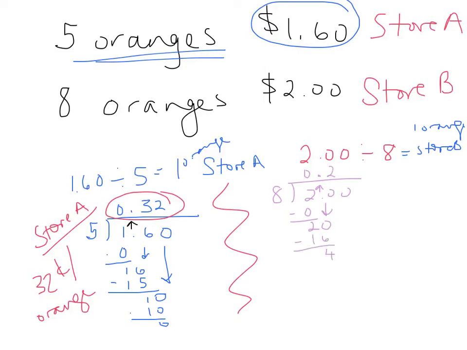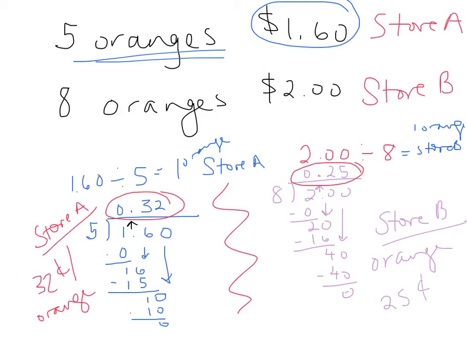I get a 4. I bring down a 0. 8 goes into 40 5 times. 5 times 8 is 40. I subtract. I'm left with nothing. This time, this 0.25 means that at store B, each orange ends up costing me 25 cents.